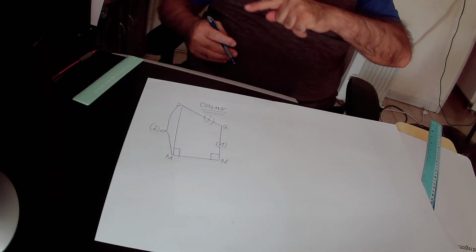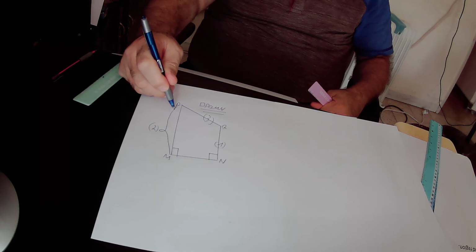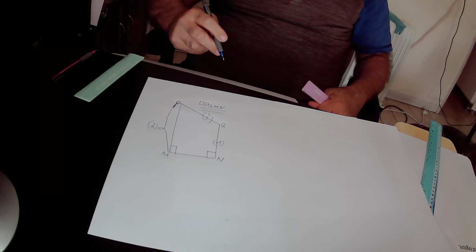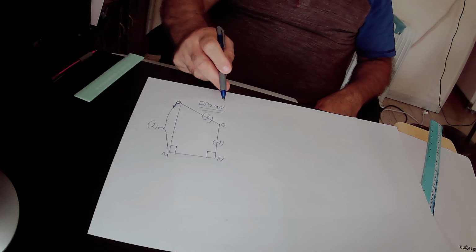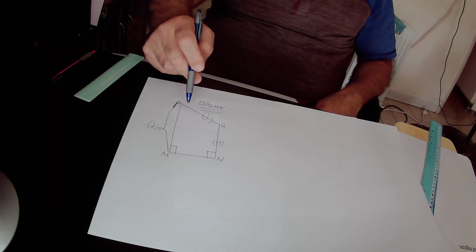So actually, this is quadrilateral PQNM that I copied from the original drawing. In the next step, we do a construction: from point Q, we draw a perpendicular on PM.